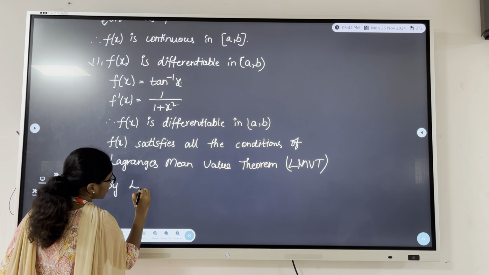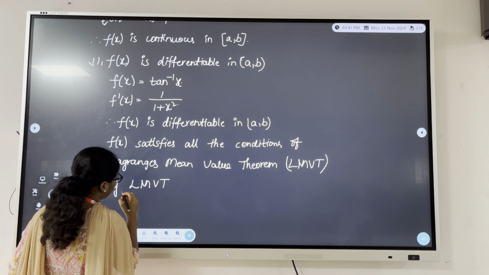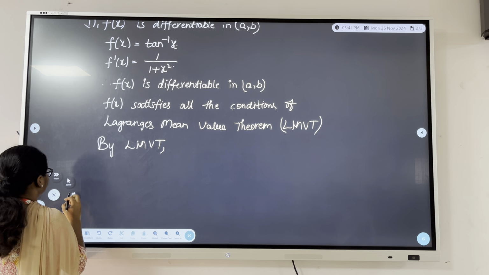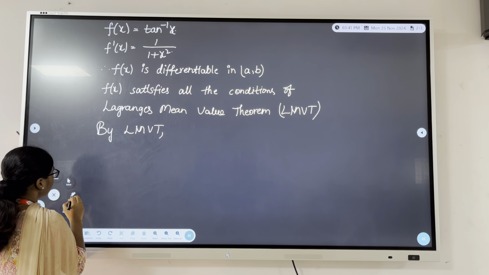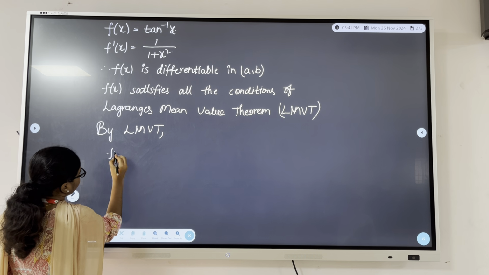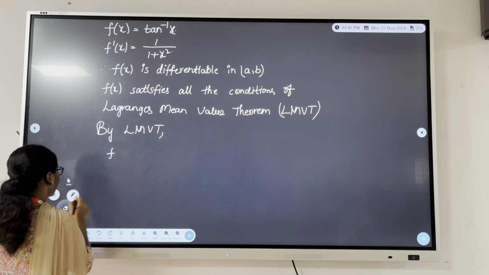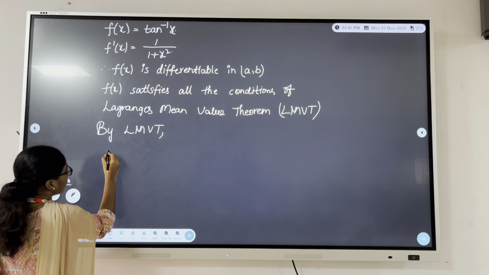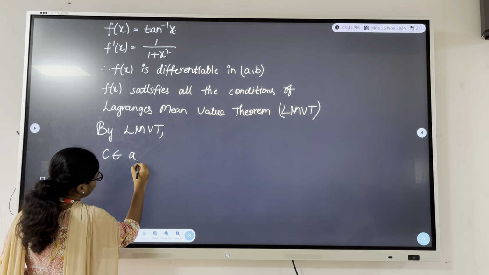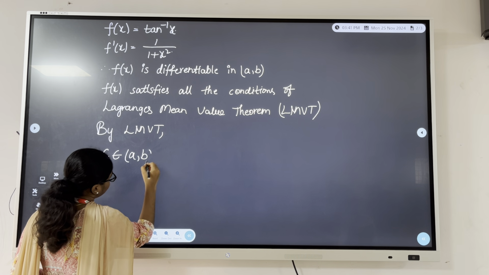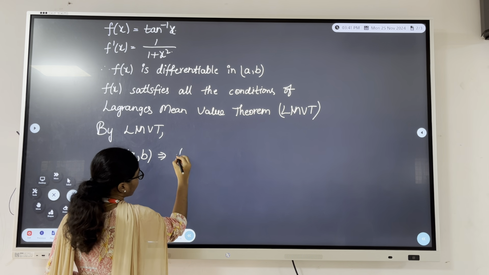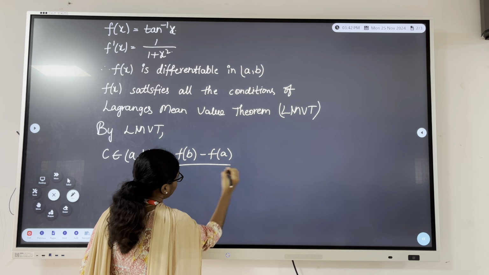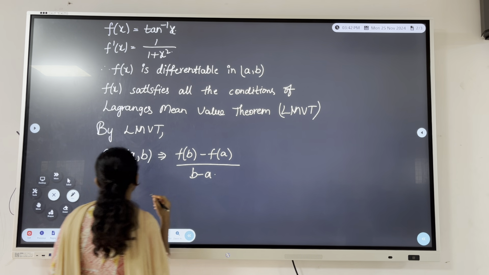By Lagrange's mean value theorem, we know that c belongs to a comma b, f of b minus f of a by b minus a.